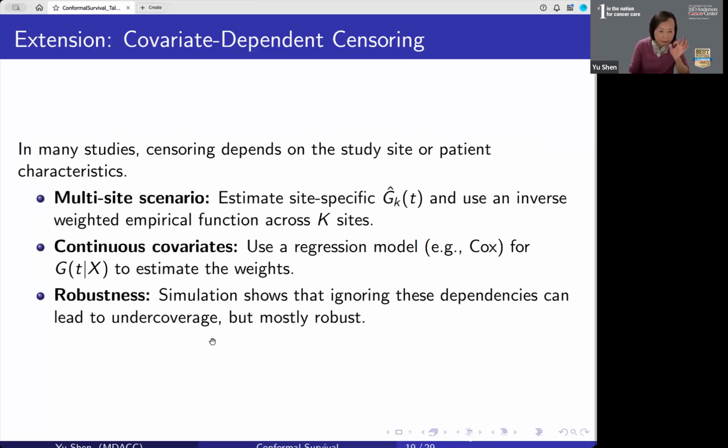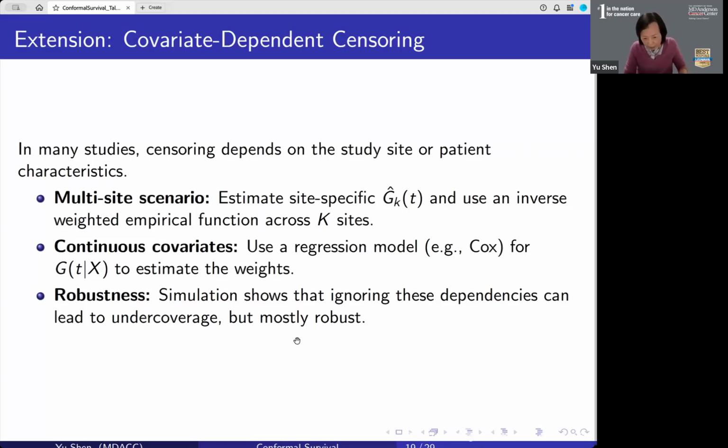Maybe I don't have too much time to describe all the formula details for how we handle the covariate-dependent censoring scenario. But one interesting thing is that in simulation, we checked how bad it could be if we ignore this dependence between censoring time and the covariates. We pretend they're independent and just use the Kaplan-Meier of the censoring time as weight. In fact, most of the time they are fairly robust.